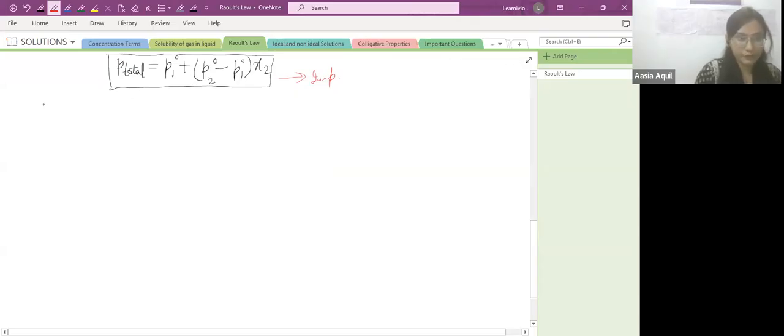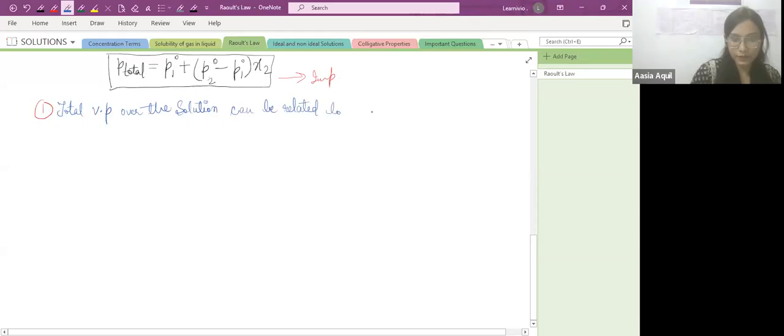First, total vapor pressure over the solution can be related to the mole fraction of any one component.